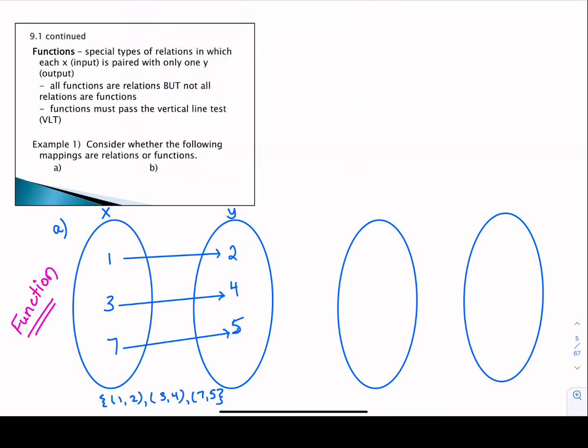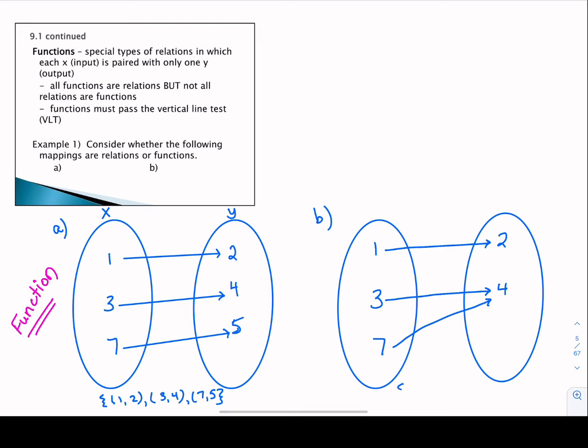Maybe we have a slightly different mapping in part B. So we can still have 1, 3, and 7, and maybe we'll just say 2 and 4. So if we map a 1 to 2, and we map, let's say, 3 to 4, and we map 7 to 4, once again, we have one x value, but it pairs up with one and only one y value.